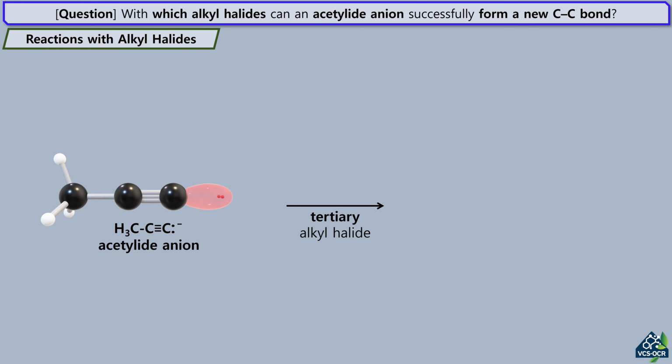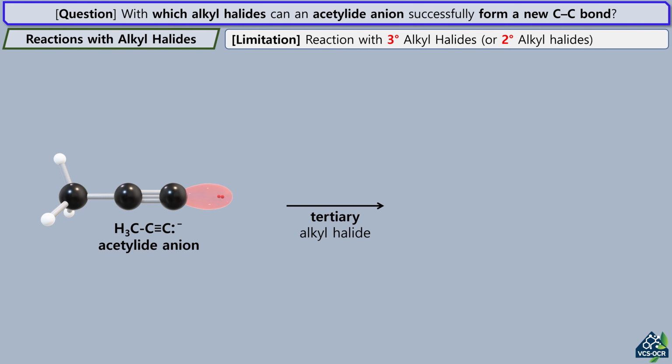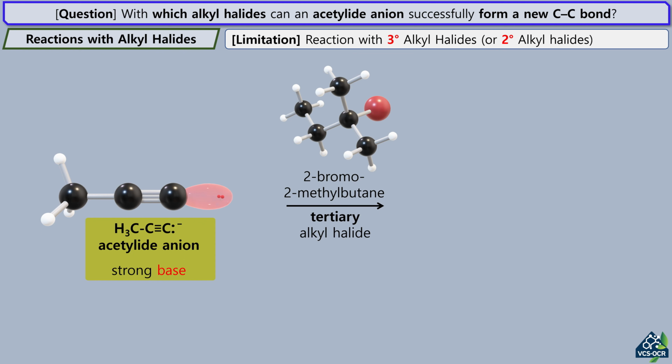Reaction with tertiary alkyl halides. The acetylide anion is also a strong base. When it reacts with highly crowded alkyl halides, a different type of process becomes dominant. For example, when the acetylide of propyne reacts with a tertiary alkyl halide, such as 2-bromo-2-methylbutane, the crowded structure prevents effective carbon-carbon bond formation.